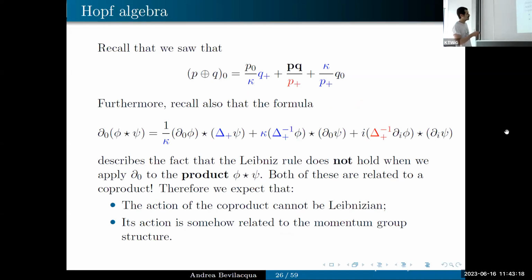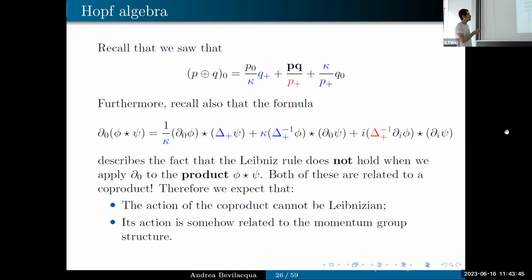But look, this strange complicated relation is actually pretty similar to this object over here. You can see, for example, this partial zero phi is P0, the first momentum. And this delta plus over kappa psi is the second particle's Q plus over kappa. Again, here you have kappa over P plus for the first particle, and then Q0, you see? And here you have PQ, and then 1 over P plus.